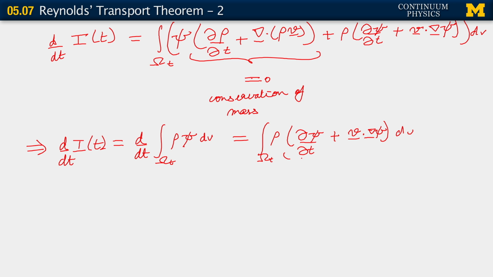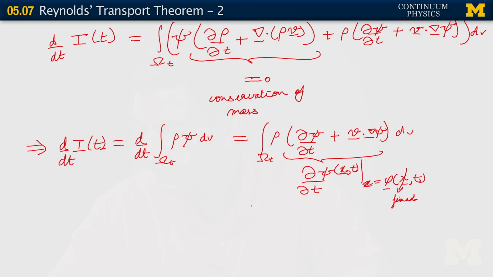But then we observe that this is just the material time derivative of psi parameterized by x and t, where we remember that x is obtained through the motion, and here we are keeping this reference position fixed. So this is what this integral reduces to.